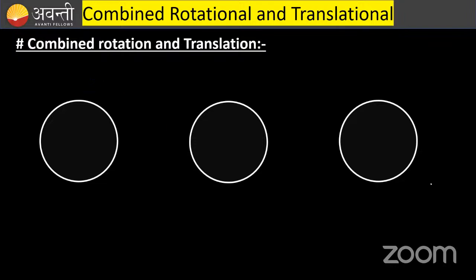Suppose the body is moving linearly in a straight line with some velocity v. This is translational motion, and this is rotational motion. If we add them both, it becomes combined motion.